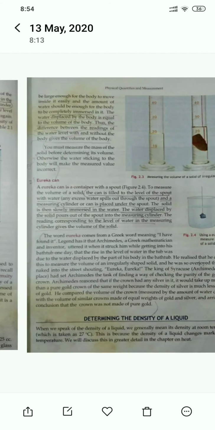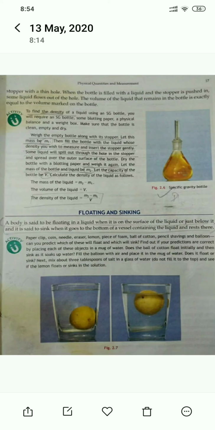So now, a specific gravity bottle is a very small bottle whose volume may be 25 cc or 50 cc. cc means cubic centimeter. This bottle has a small cork which can be fitted into it once you have filled it with whatever substance you are using, and that cork has a small hole.